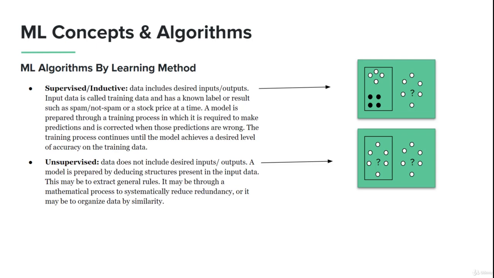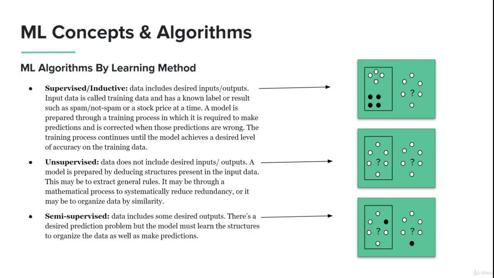A model is prepared by deducing structures present in the input data. This may be to extract general rules, maybe through a mathematical process to systematically reduce redundancy, or maybe to organize data by similarity.